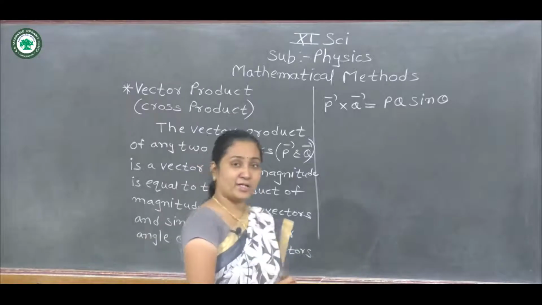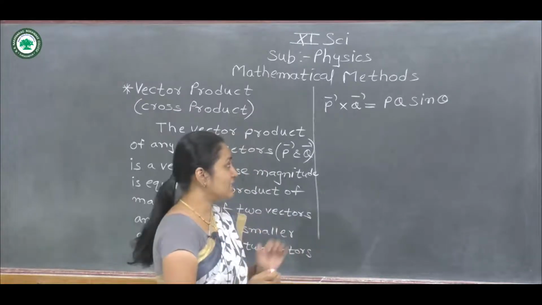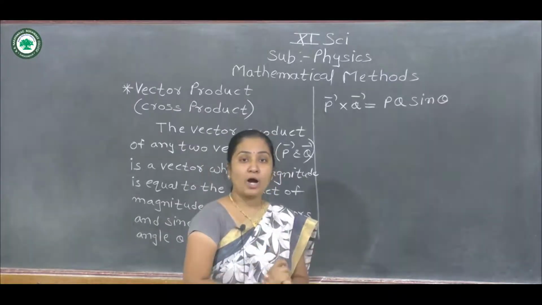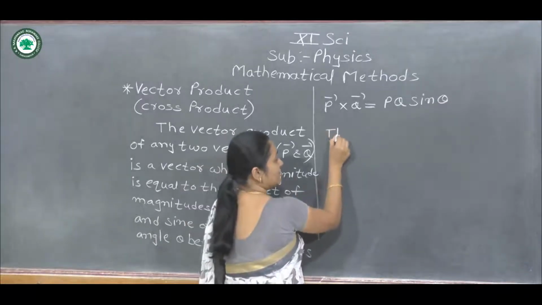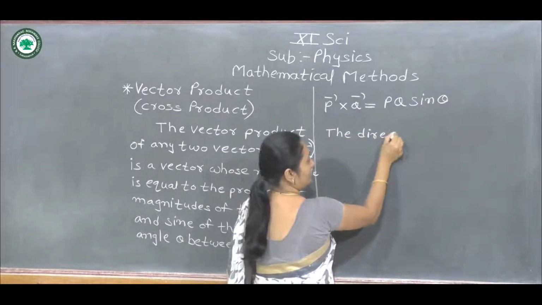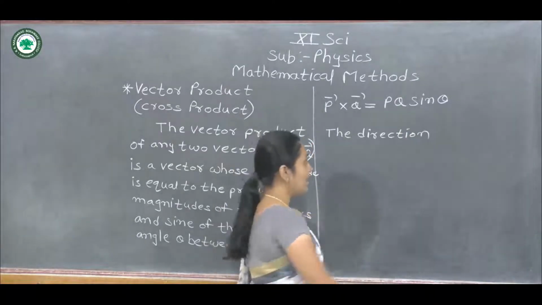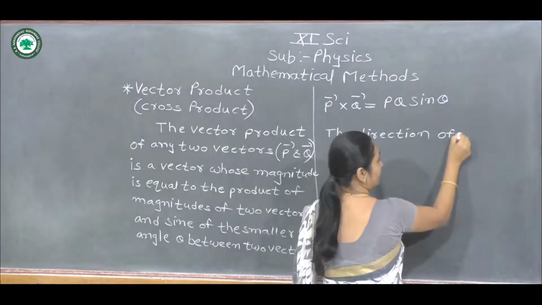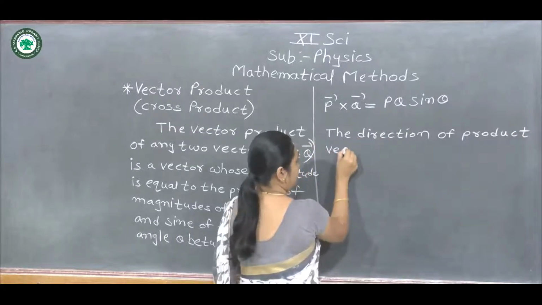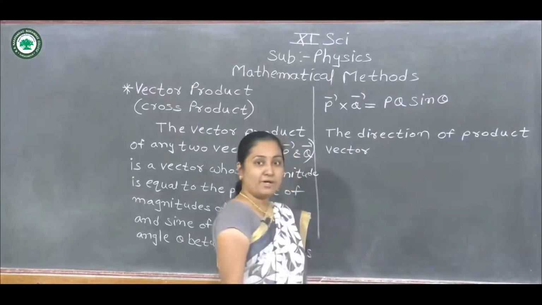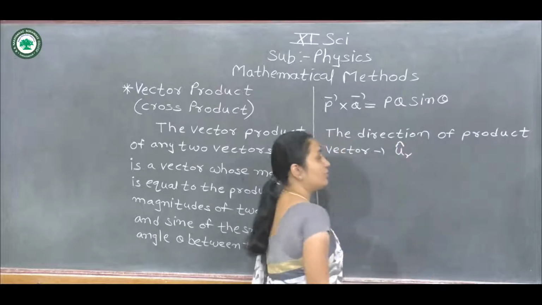In case of vector product, the direction of the product vector is given by u cap.